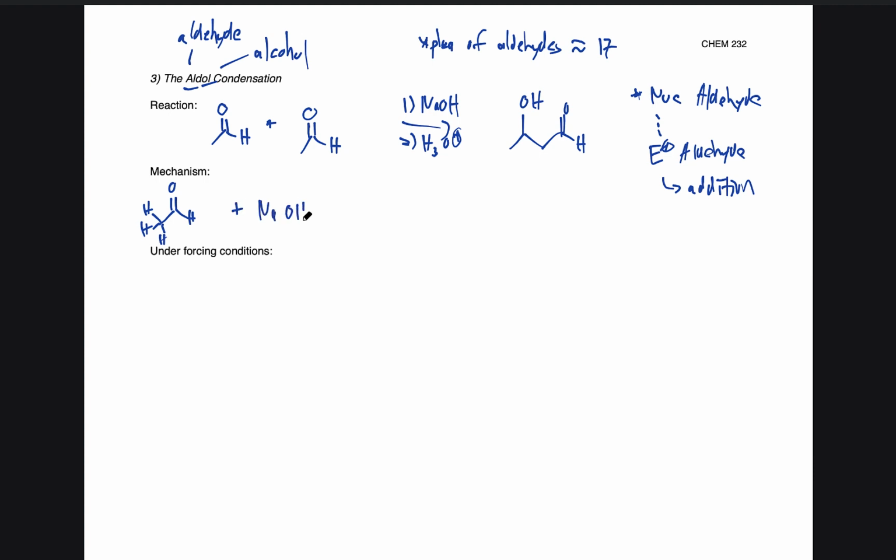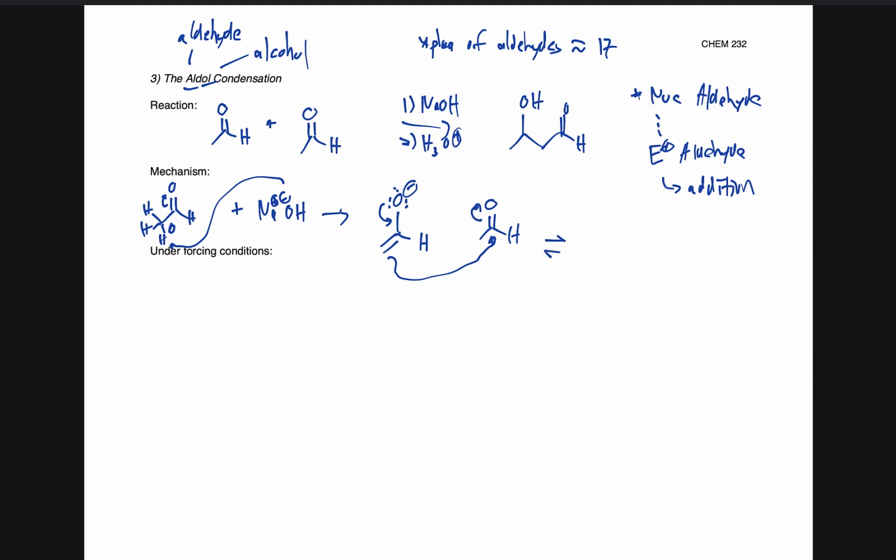We are using a weaker base than we've been before, because we can do that with aldehydes, since that pKa is lower, and to prevent any side products from happening, we can use a weaker base, which ends up abstracting one of these hydrogens to get to our enolate here, which will act as the nucleophile for our aldehyde. So one aldehyde is nucleophilic and the other is electrophilic.